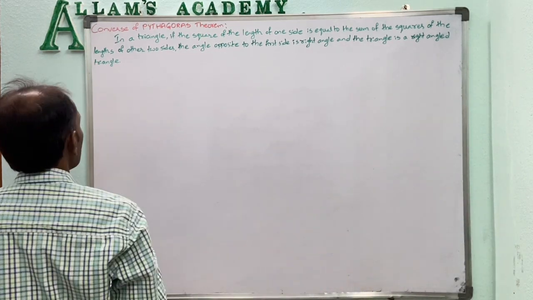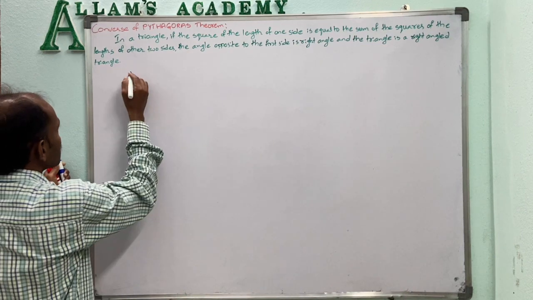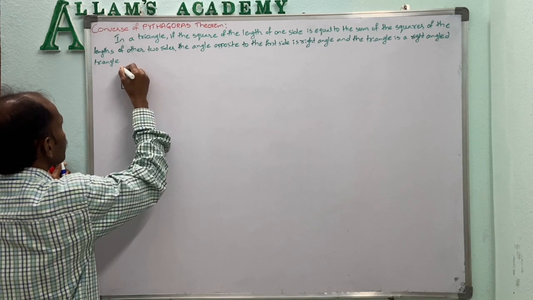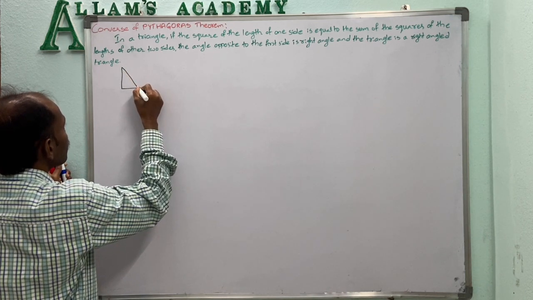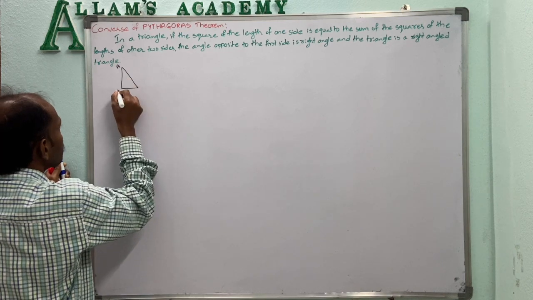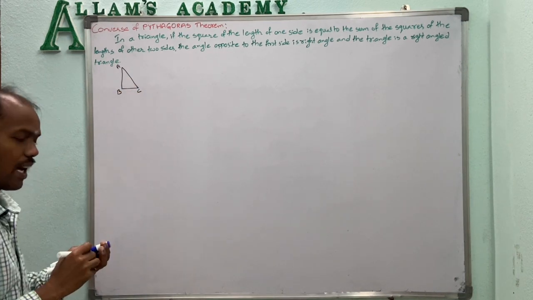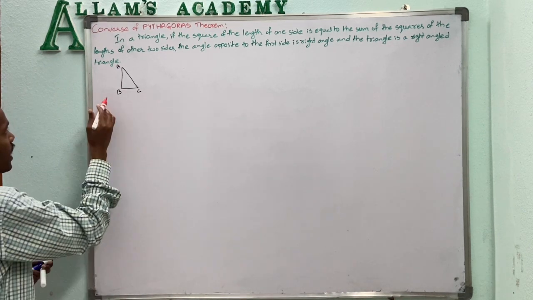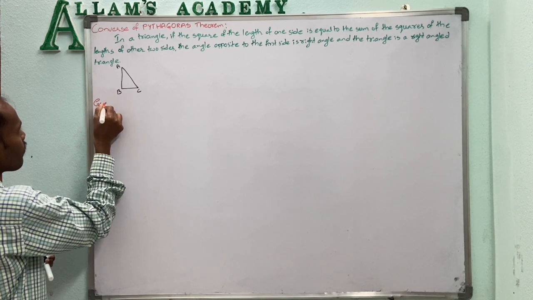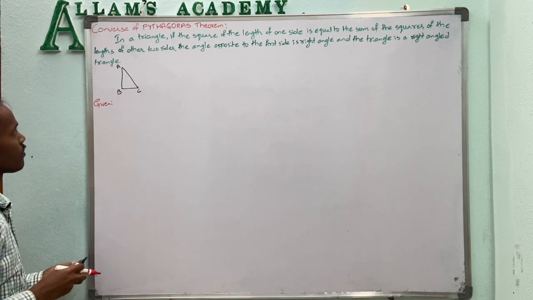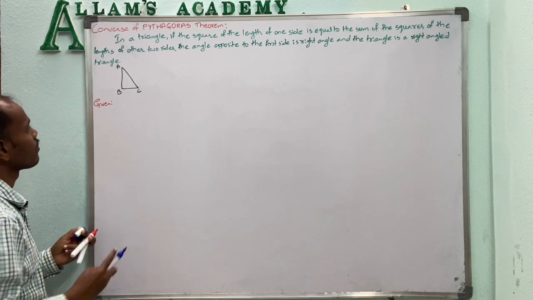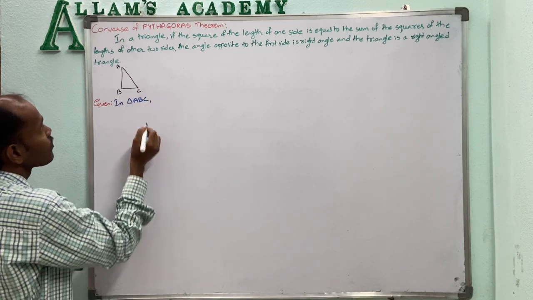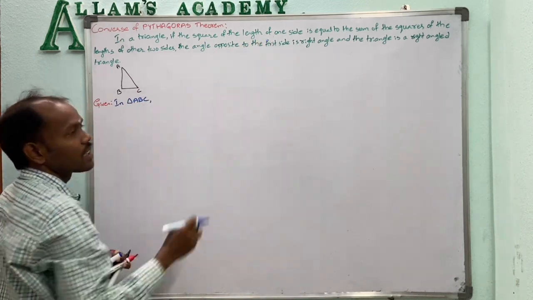So for proving, now we are taking a triangle ABC. So the given: in triangle ABC, the square of the length of one side.